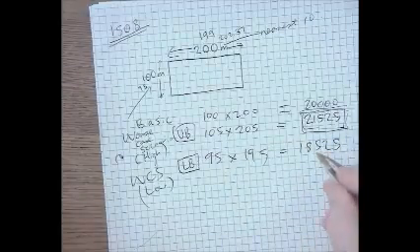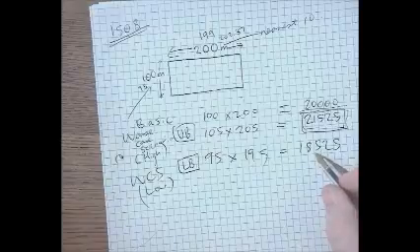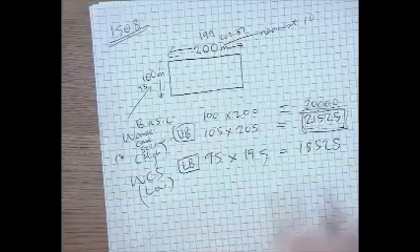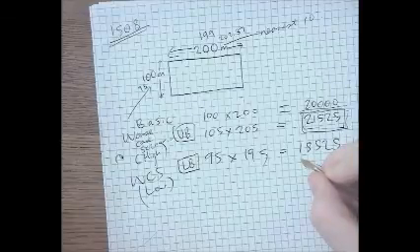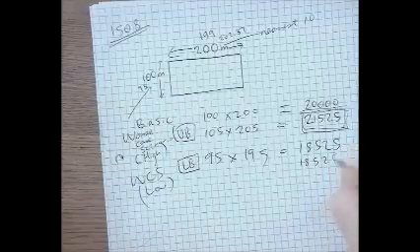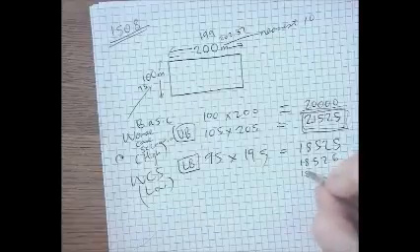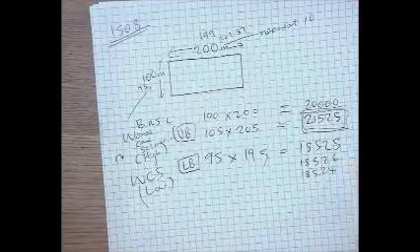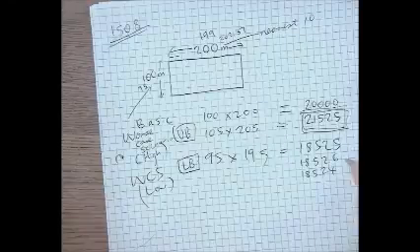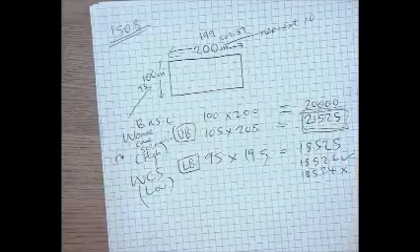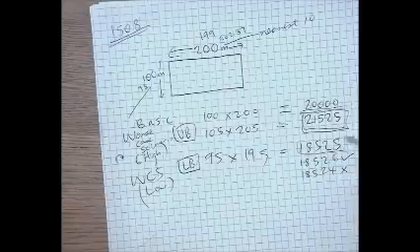Now, the lower bound, it could be 18,526, but it could not be 18,524. So as I say, the boundary between what it could be and what it can't be is that figure there.